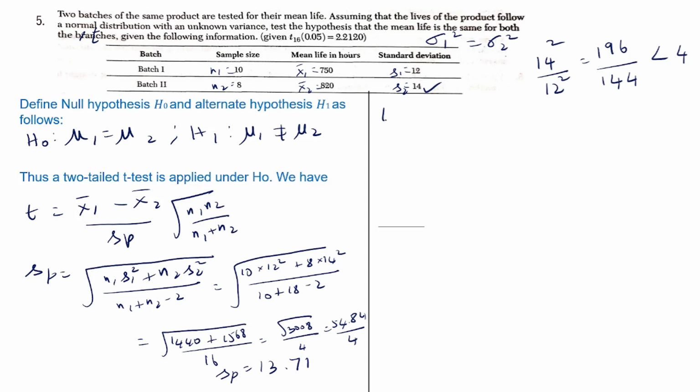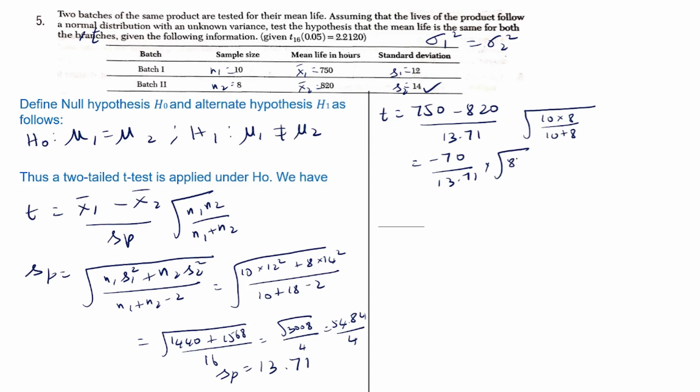And now we have t as x1 bar is 750 minus x2 bar is 820 upon sp is 13.71 into root of n1 into n2, 10 into 8 upon 10 plus 8. This is equal to minus 70 upon 13.71 root 80 by 18 or it is 40 by 9.